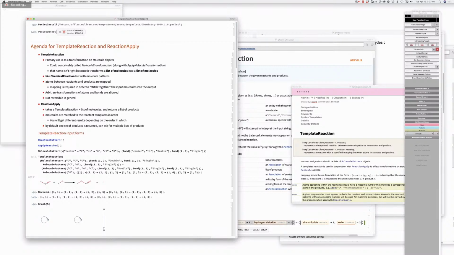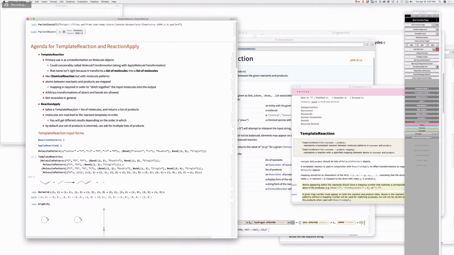So then I don't understand why you can't also, just like you've got a reaction pattern, take a chemical reaction and apply it to the stuff that's on the left-hand side of a chemical reaction? Right.